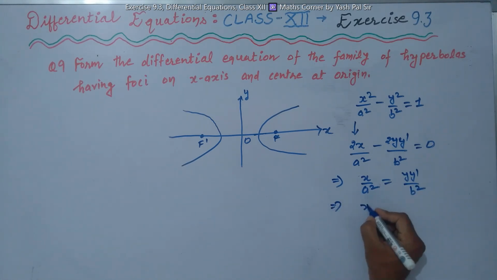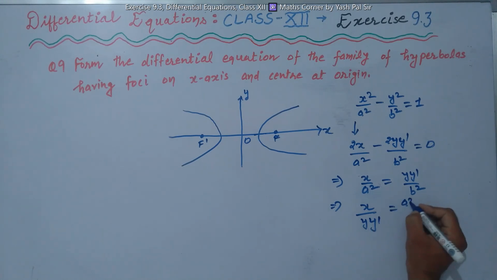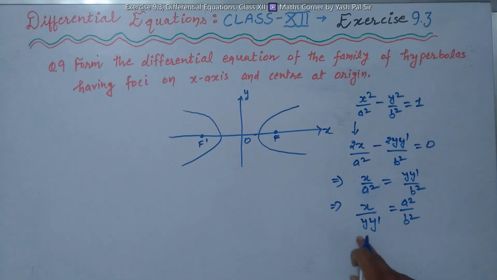That means x upon y dash is equal to a square upon b square. So now the right hand side is purely constant. So after differentiating once again, the right hand side will be 0.